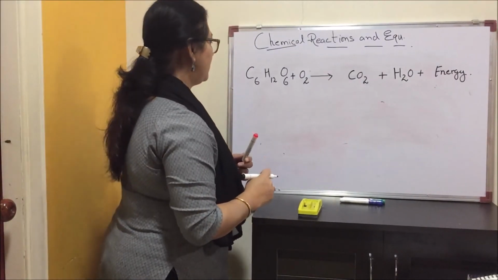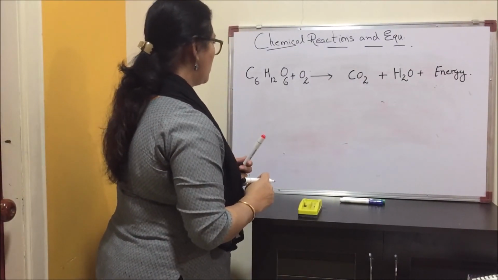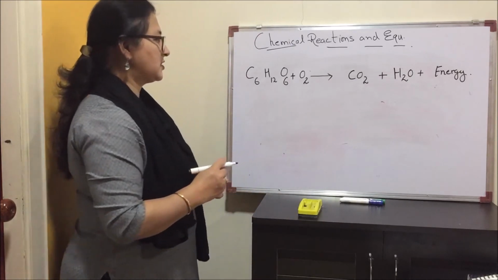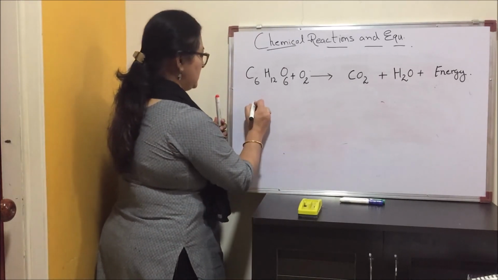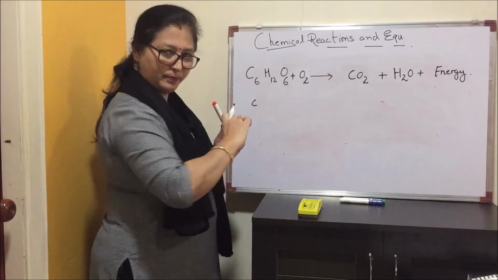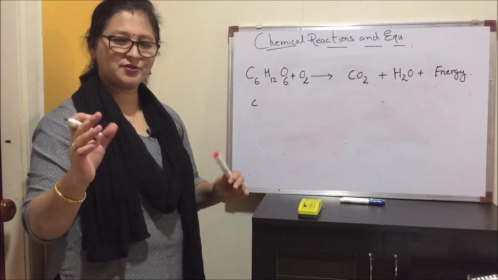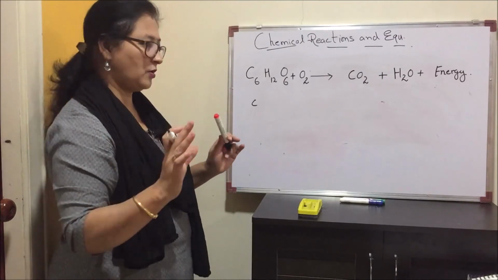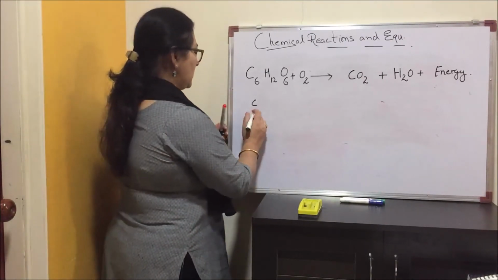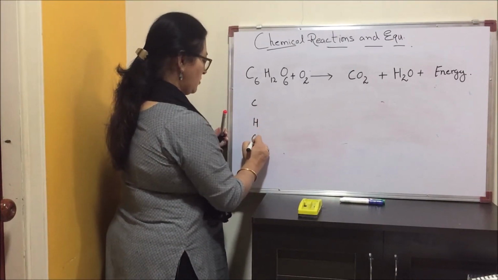So let's see whether the equation is balanced or not. C6H12O6, right? Let's see, carbon. For a big equation you need to write proper steps; for a small equation you can do it mentally. Carbon, hydrogen and oxygen.